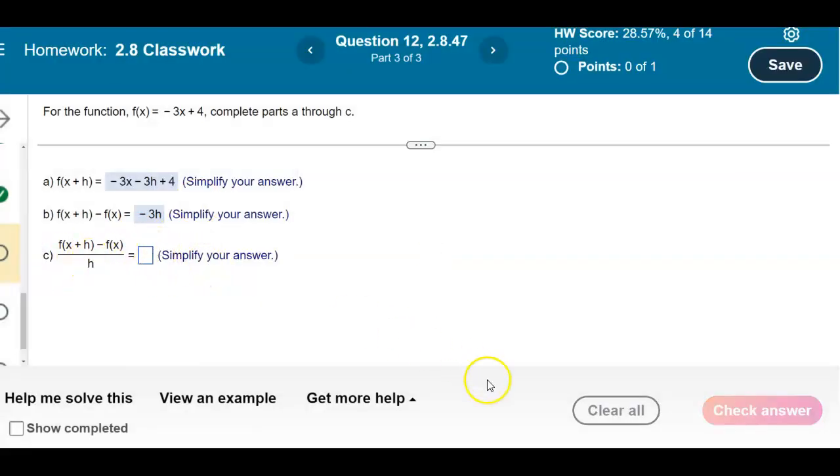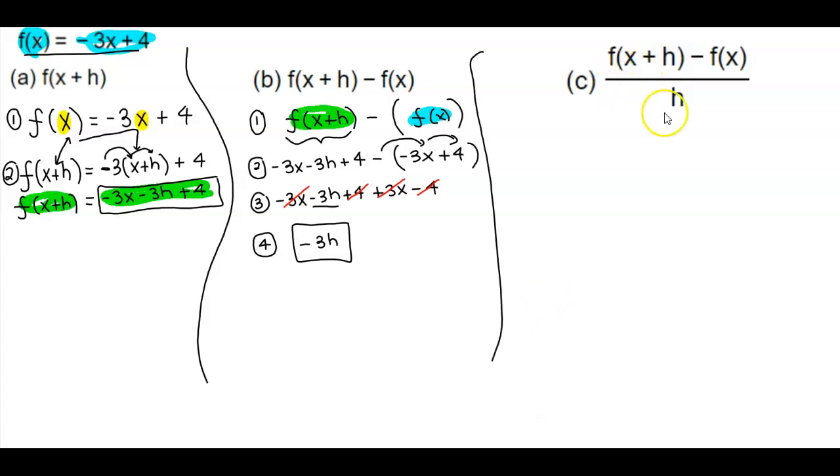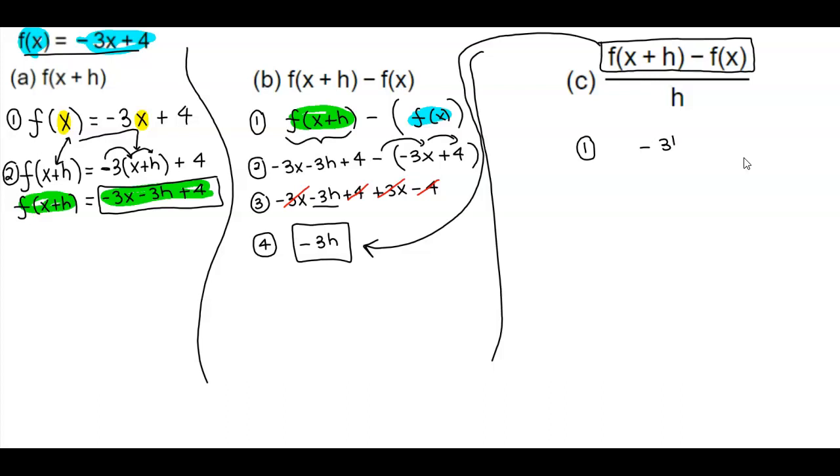Now we want to find part C. So part C, we already found the numerator because we saw that f of x plus h minus f of x gave us this result, which is negative 3h. So in the numerator, we have negative 3h, and then we're dividing that by h. So we're going to divide that by h.